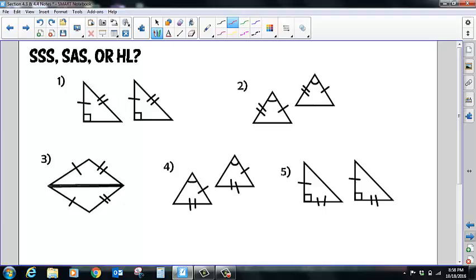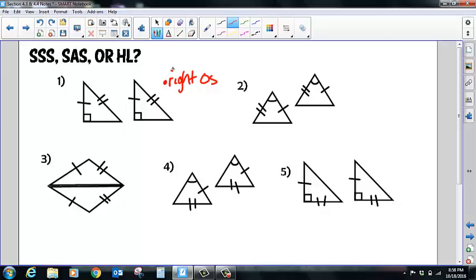For number 1, let's take a look at the information that we have. So we have right triangles, okay? When you have a right triangle, you want to first check for hypotenuse leg.